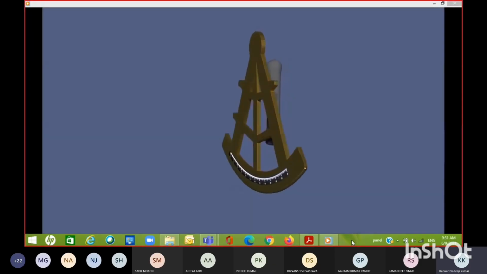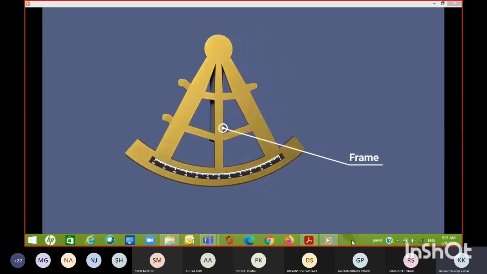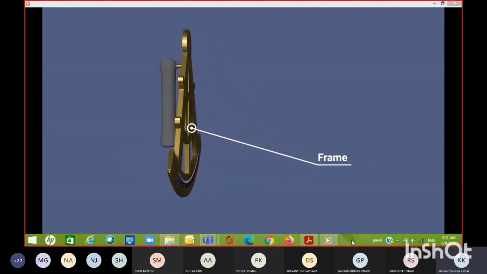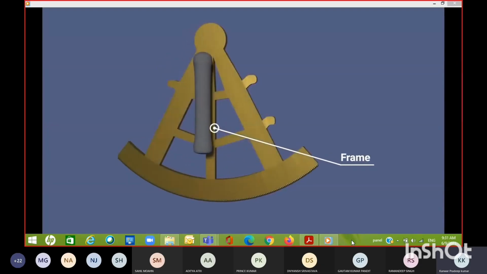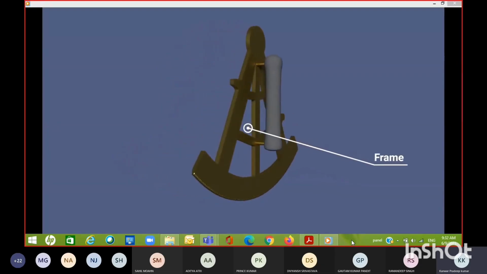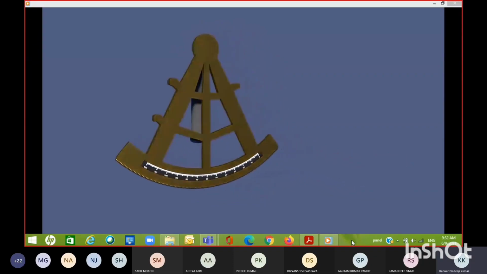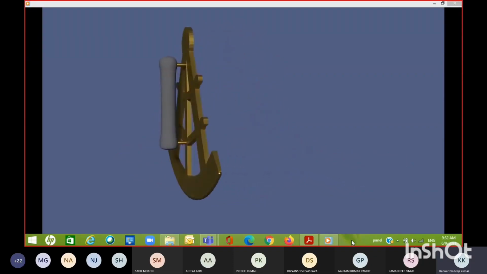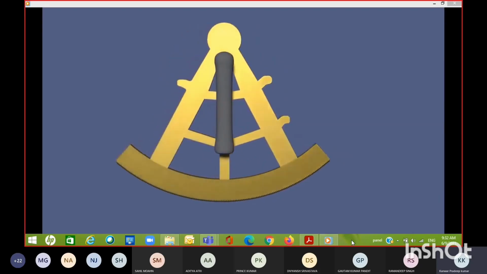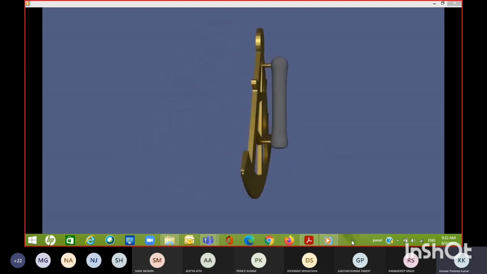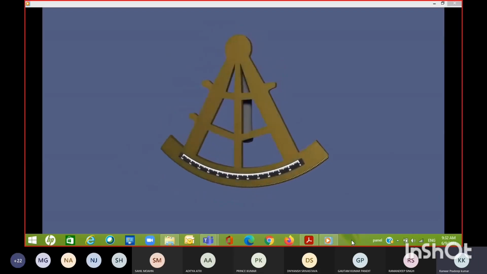The foundation of the instrument is its frame. The frame can be made of metal or plastic and just acts to hold everything together. It's important for the frame to be solid, as it allows the instrument to be as precise as possible. Generally, a metal sextant will maintain accuracy better than a plastic one, and that's just down to the rigidity of the frame. But the big advantage of a plastic one is that it's cheaper.